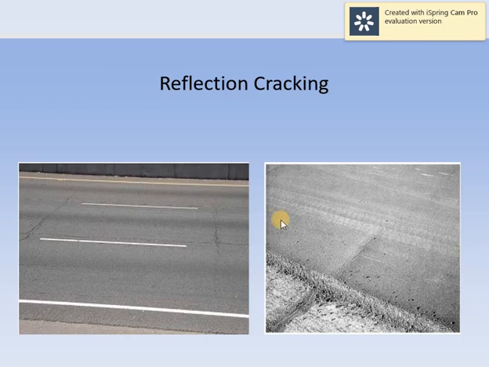The stress concentration in the overlay just above the existing pavement cracks is responsible for the appearance and crack propagation throughout the overlay layer. This type of failure occurs when the bituminous surface course is laid over the existing cement concrete pavement with some cracks. So this crack is reflected in the same pattern on the bituminous surface.